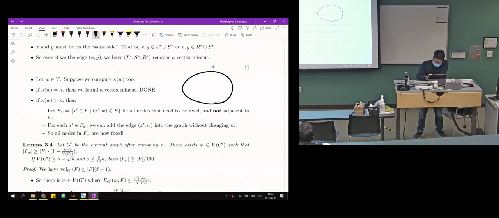We have the graph with X, and these are the neighbors of X. And you remove X, and then there is some set here, call it F, such that each of these guys in F, the degree after you remove X, the degree of X prime, is delta minus 1.